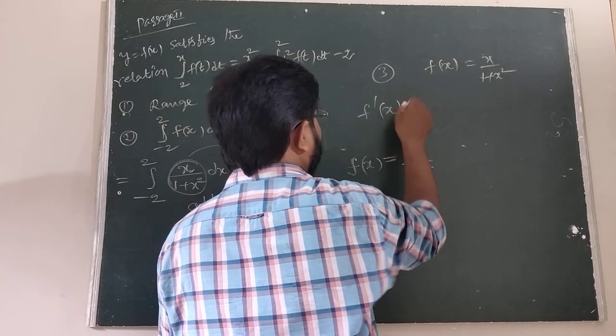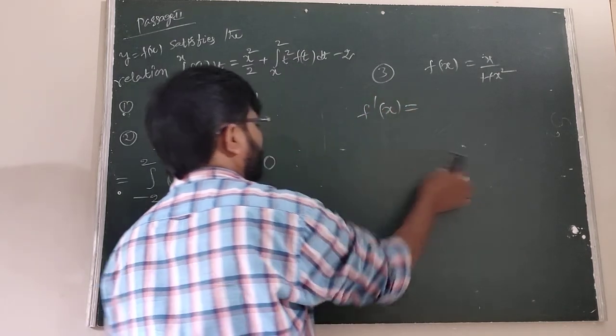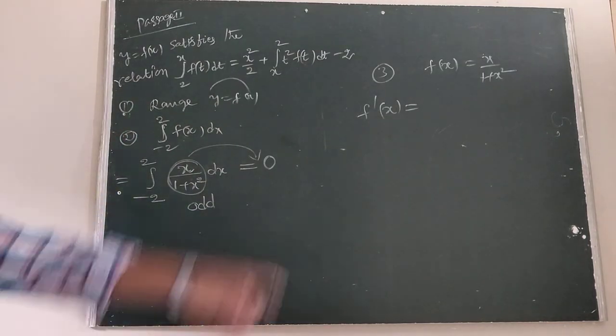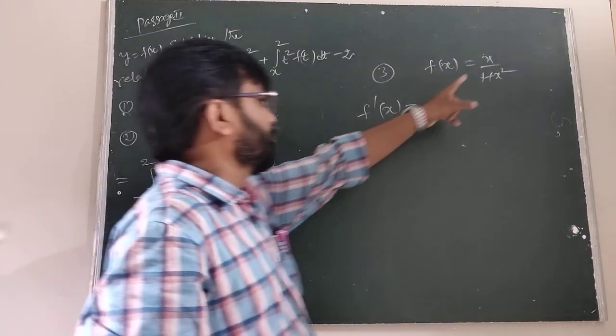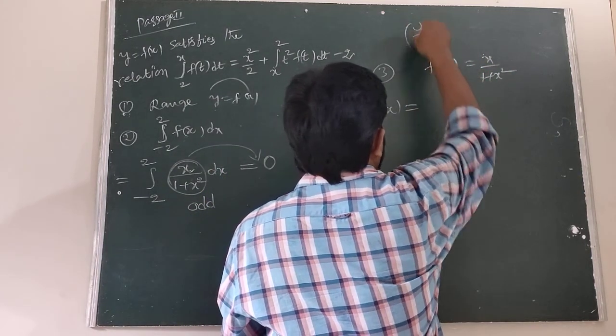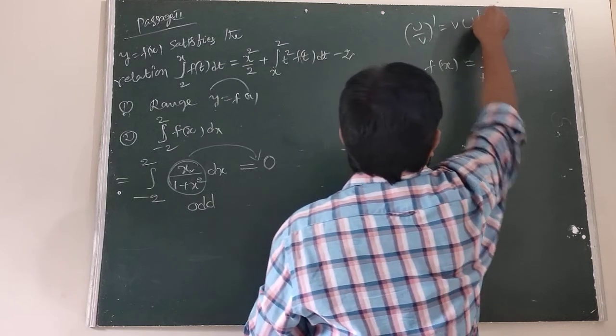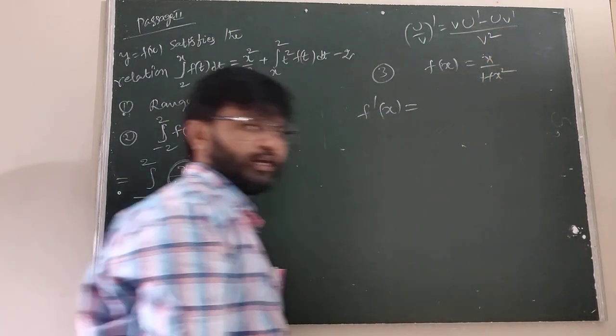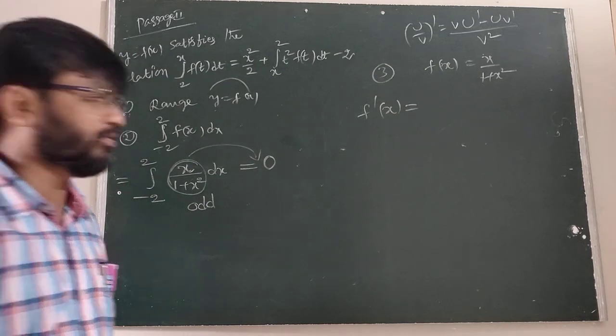For increasing or decreasing, we have to use the differentiation method. So when you differentiate, the derivative of f of x is compared with u by v. We know that u by v whole dash is v u dash minus u v dash by v square. Okay, v u dash minus u v dash by v square.